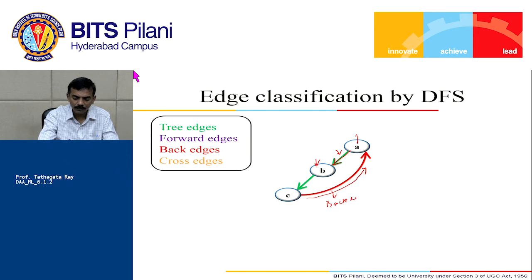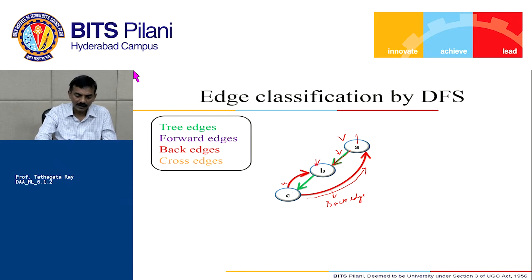Why is it a back edge? Because it is pointing from descendant to the ancestor. If this is u, this is v, v is an ancestor of u. Okay, so that's a back edge.